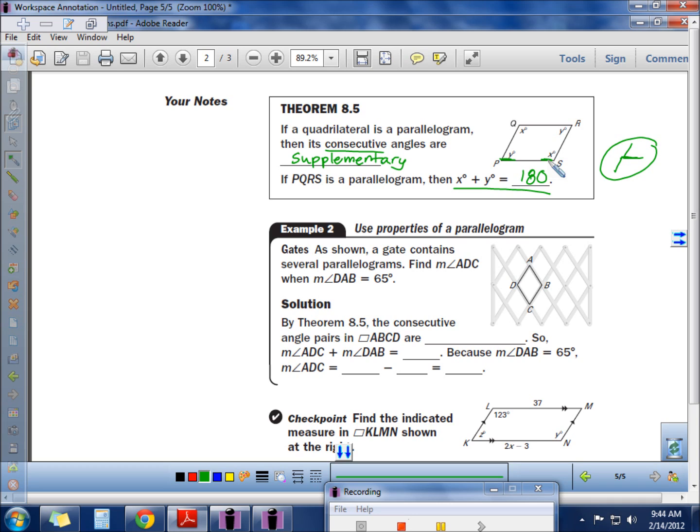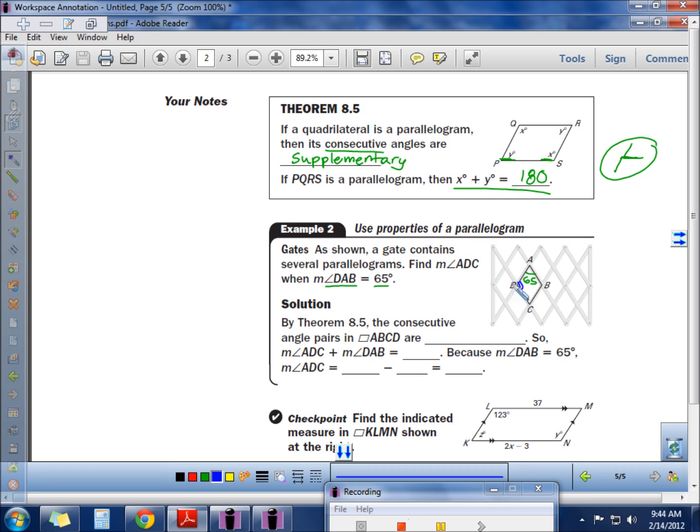On example 2, it wants you to use this concept. It says angle DAB is 65. So we can mark that angle. It's right here. That is 65 degrees. It says find ADC. So D, that middle letter, is right here. That's the angle I need to find.